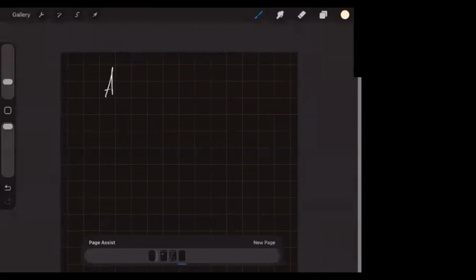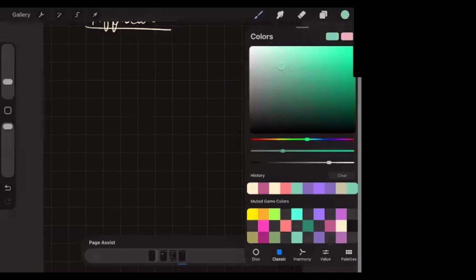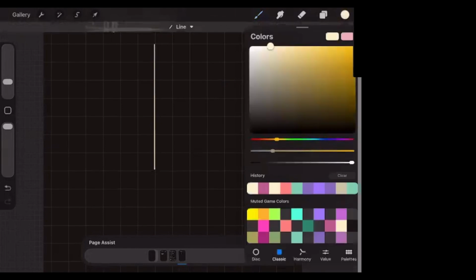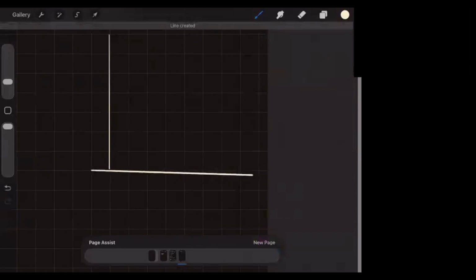So the application is going to be as follows. Actually, how many of you have taken physics?